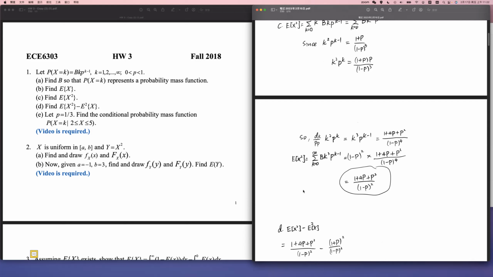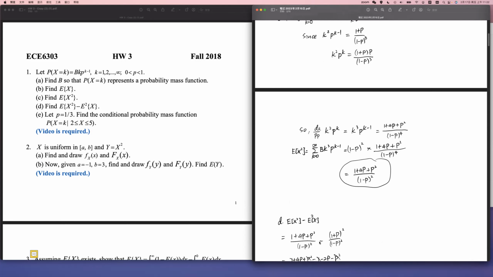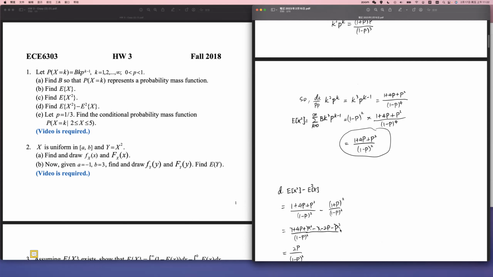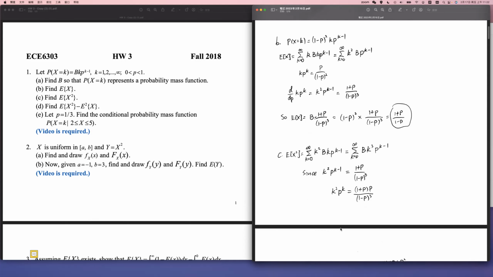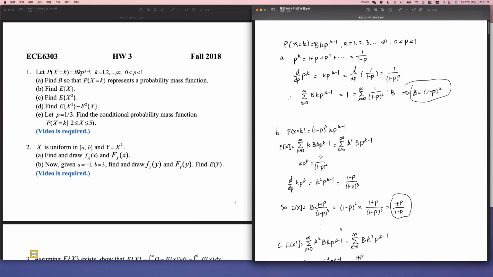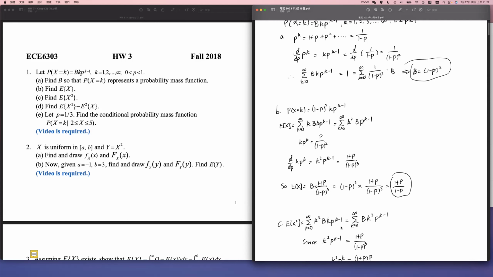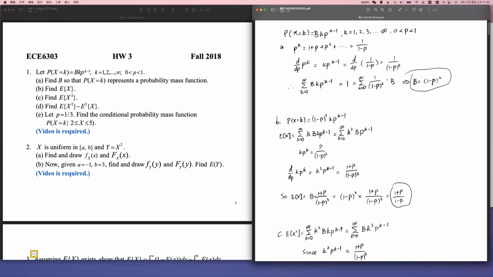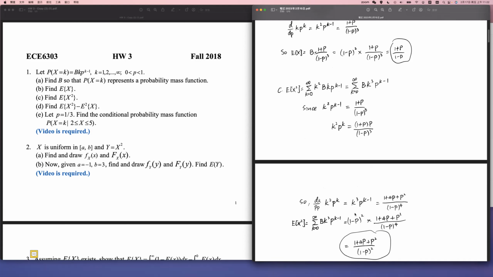And for part D, it asks for the expected value of x squared minus the expected value of x, all squared. It's based on part B and part C. From part B we get the expected value of x, and from part C we get the expected value of x squared.